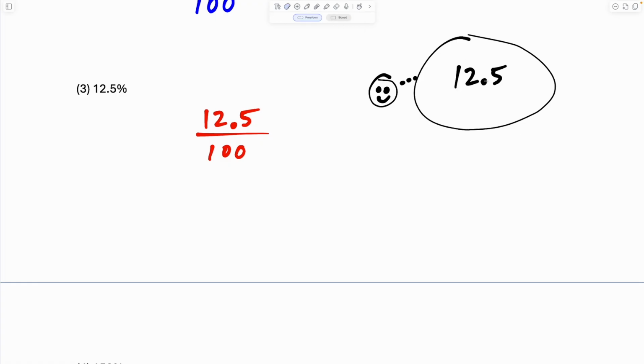So what I imagine with questions like this is I just take the decimal and I go 1, 2. Okay, so I move the decimal 2 spaces to the left, and this tells us our answer is going to be 0.125. When I write my decimals like this without a 0, that's fine, but I like to write the 0 to the left here just so it's very clear what our number is.